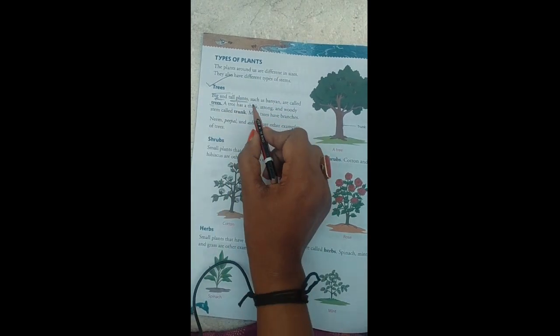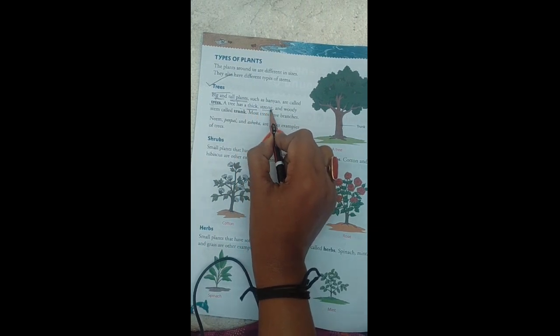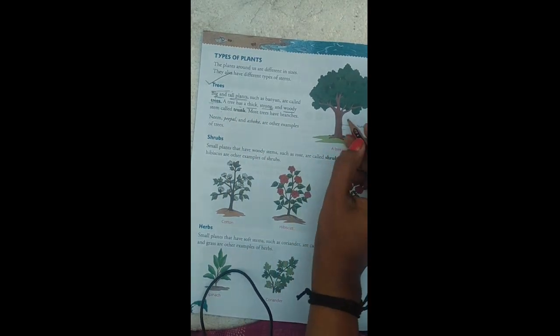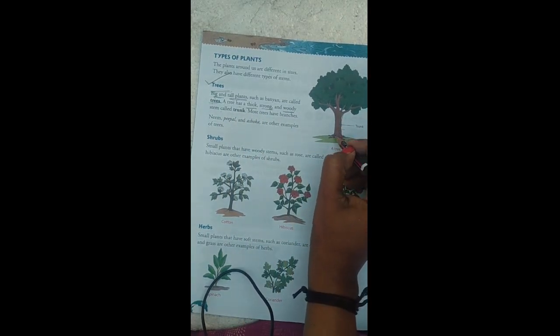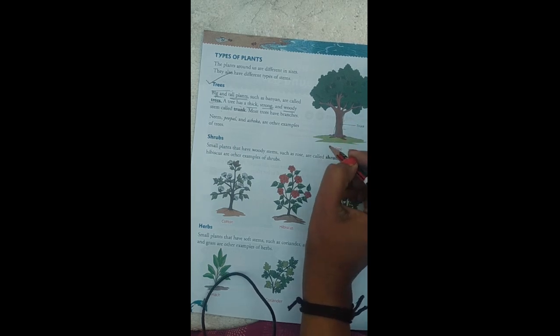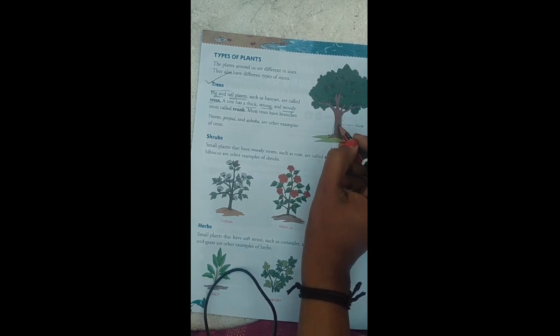Why? Because they have a thick and strong and woody stem. See, this portion we call trunk. Basically this is the stem of the tree, but this woody stem is very strong and thick.